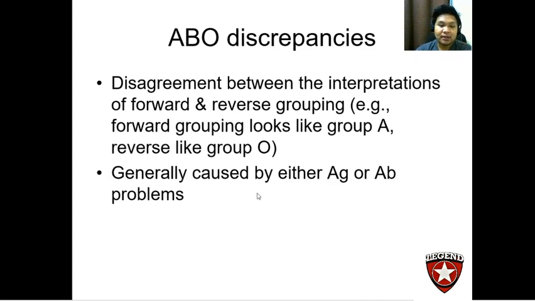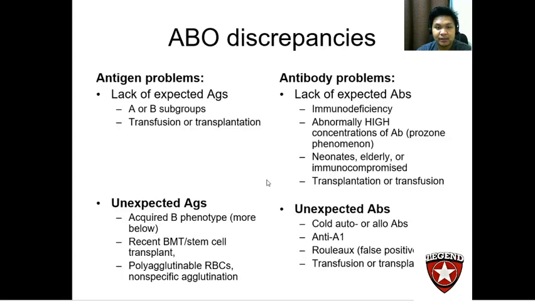These are generally caused by either antigen or antibody problems. So on your notes, you have a comprehensive list of the various ABO discrepancy types, as well as examples of conditions causing these discrepancies. Please study the table or your list on your notes.